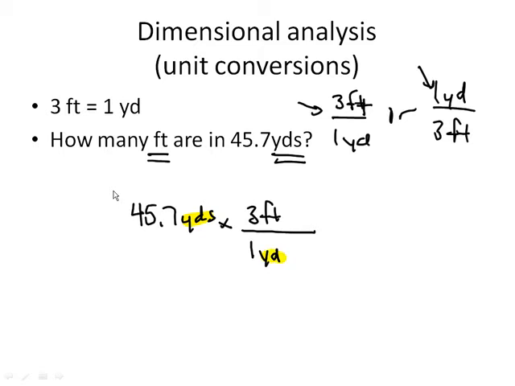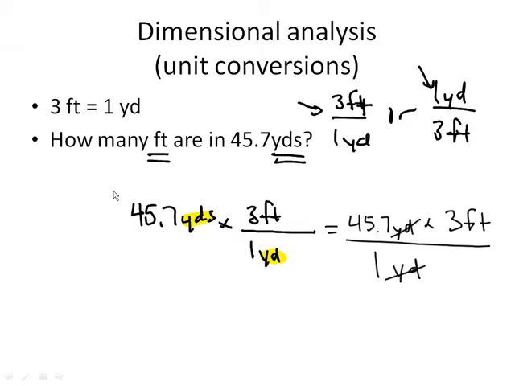So when I go and do the math, I have 45.7 yards times 3 feet divided by 1 yard. What happens to yards? Well, they cancel. They go away. And I'm left with feet as my unit, which is what I wanted.